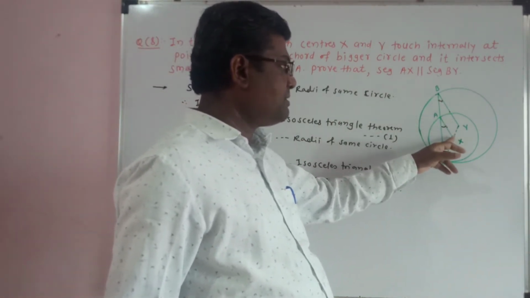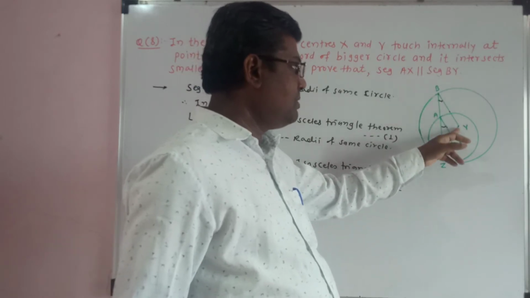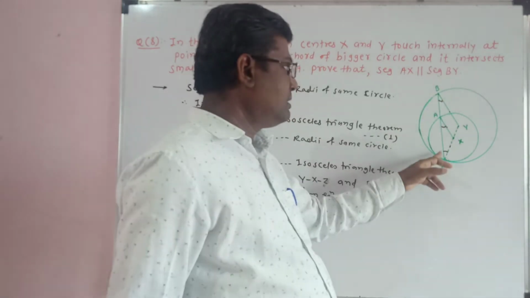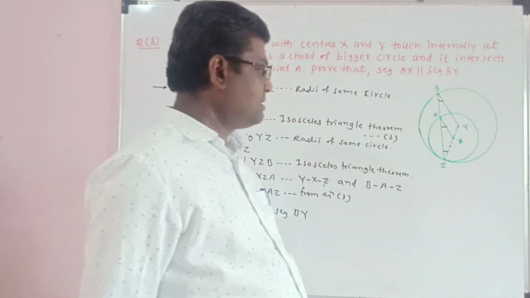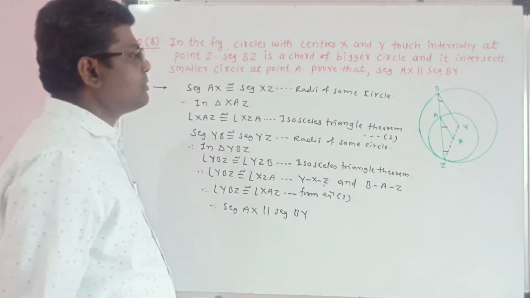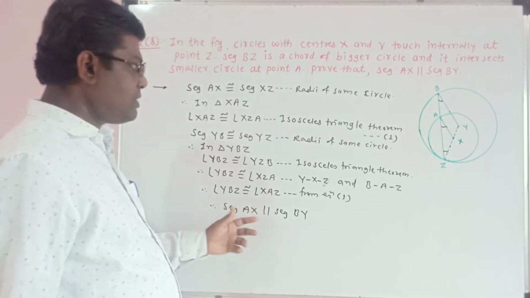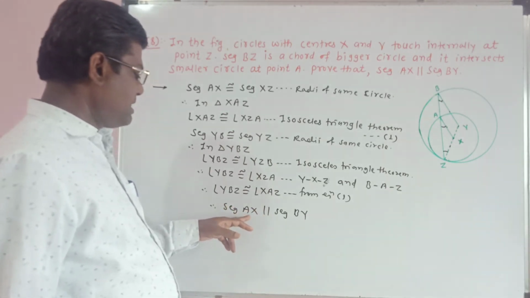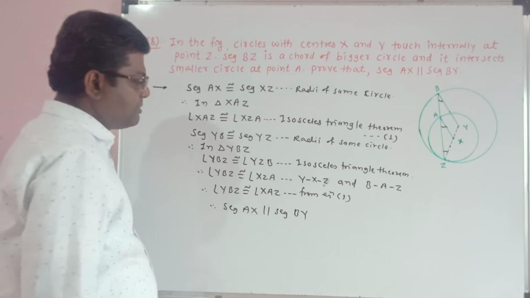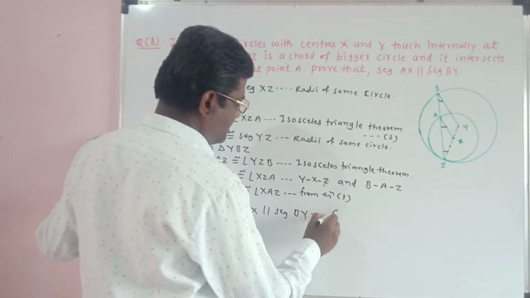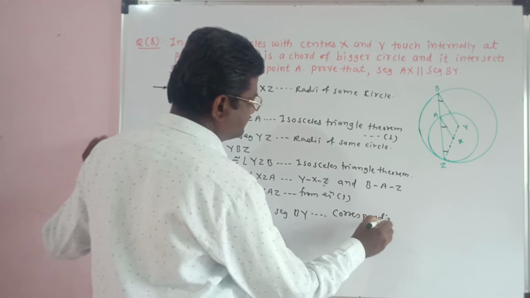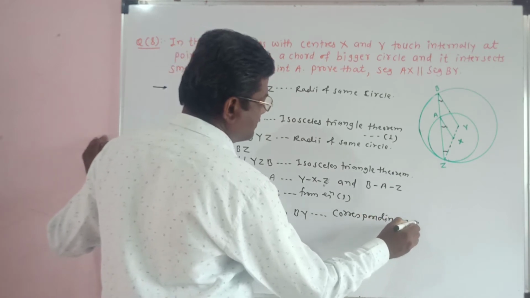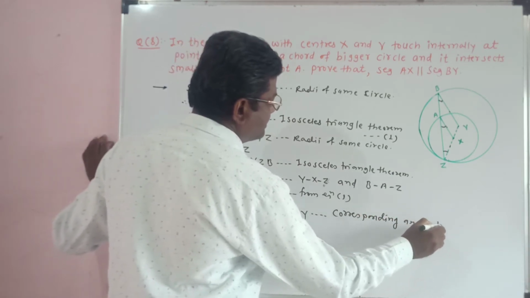If AX is parallel to BY and BZ is a transversal, then these two angles are corresponding angles. Therefore according to the corresponding angles test, segment AX is parallel to segment BY. Reason is corresponding angles test.